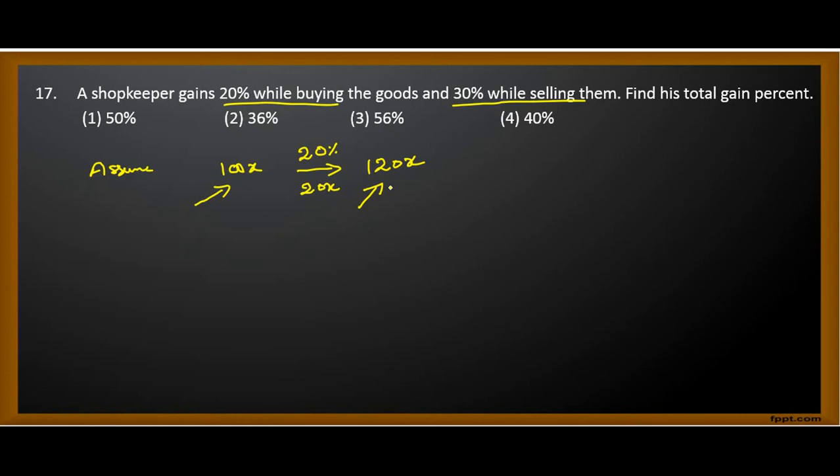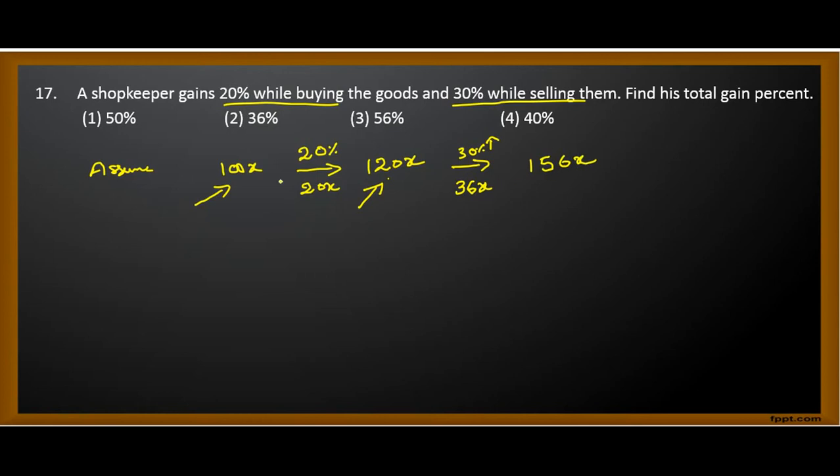Now he sells these items at a profit of 30%. So 30% is profit. What is 30% of 120x? 36x. If you add that, you will get 156x.